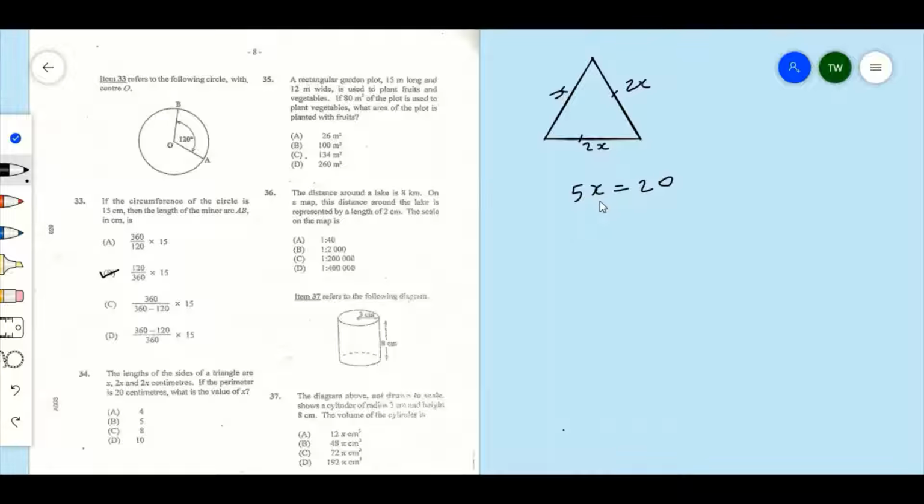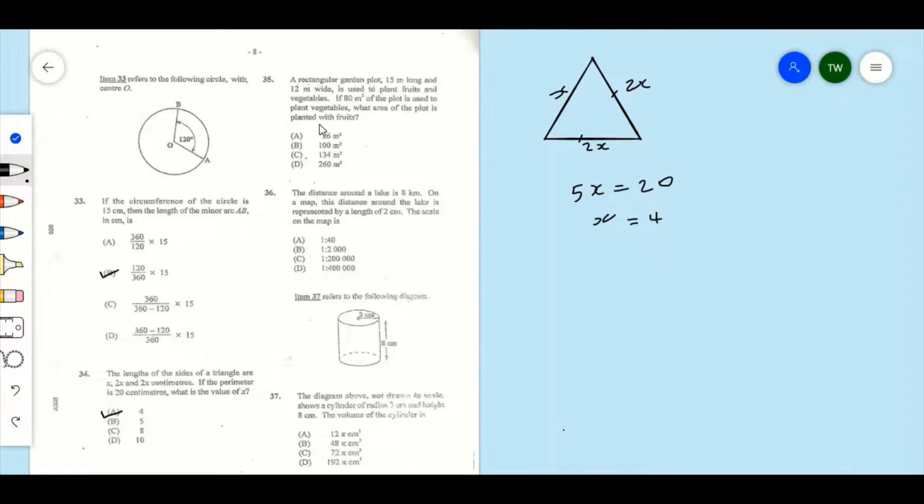Now they ask us for the value of x. What value can you multiply 5 by that gives you 20? That's going to be 4. So x is going to equal 4. So our answer for this problem is going to be A.